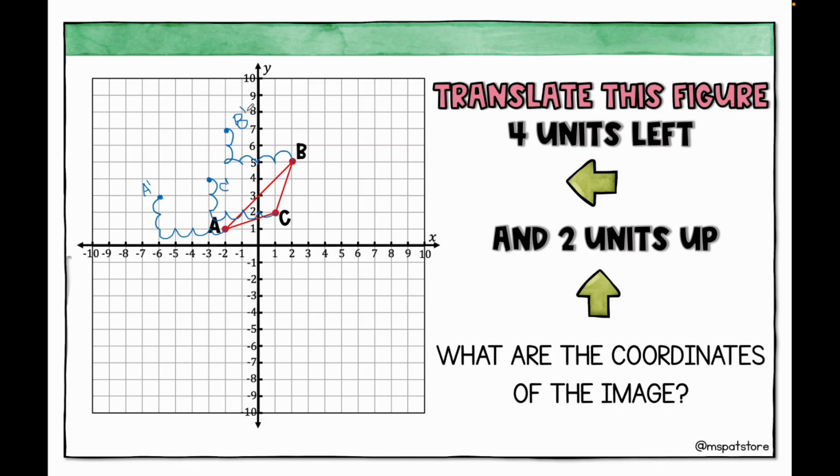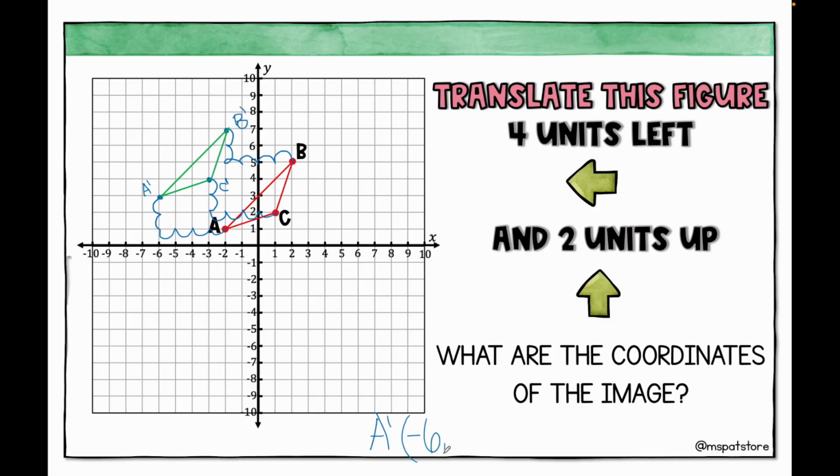Make sure that with a different color, you connect those dots. Connect A prime with B prime and C prime. This is how your triangle should look like. Now, it's time for you to write down the coordinates of the image. So let's see. A prime is located in negative 6, positive 3.